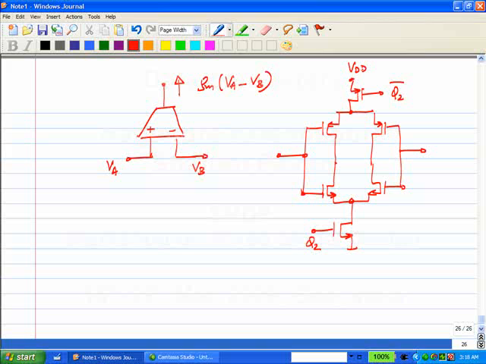Now if I short these two, just conceptually, let me connect this to minus VDD, sorry, and if this is VA, this is VB, and if I short this to ground, what is the current that flows?